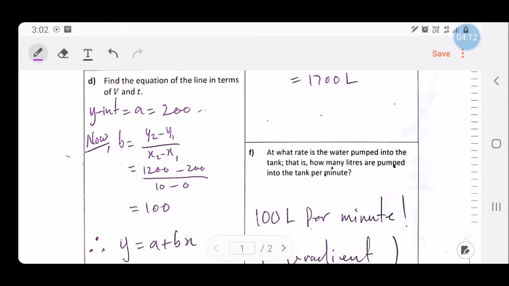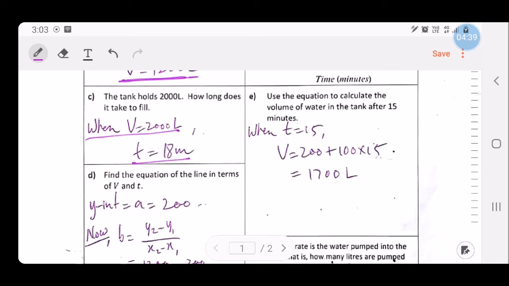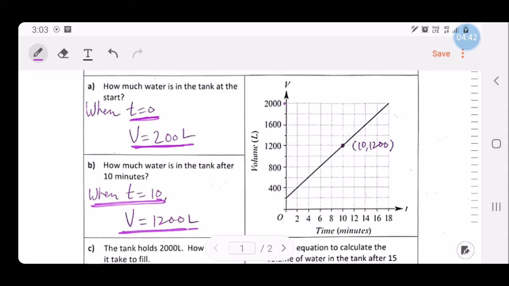Okay, D. Find the equation of the line in terms of V and t. All right, so this skill goes back to exercises 6D and E, okay? When you're asked to find an equation of a straight line, you need 2 ingredients, a and b, where a is your y-intercept and b is your gradient, okay? So let's take a look at our graph. Now, I just said y-intercept, when actually we don't have a y-axis, we have a V-axis.